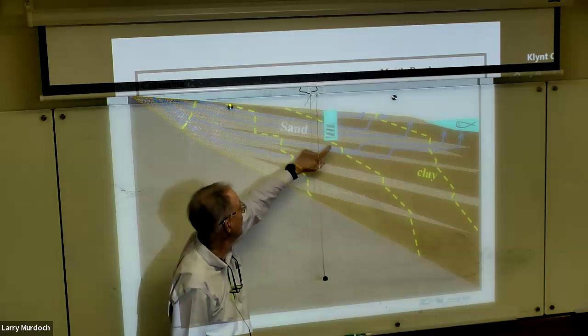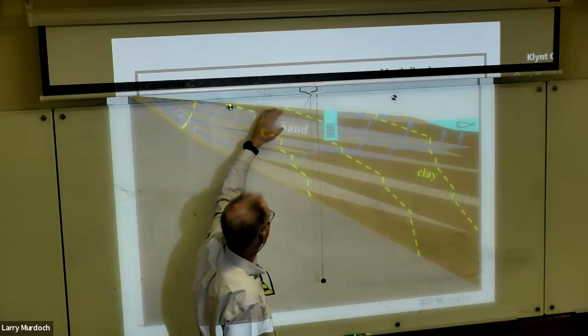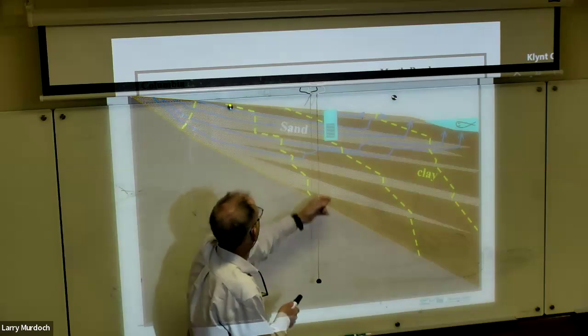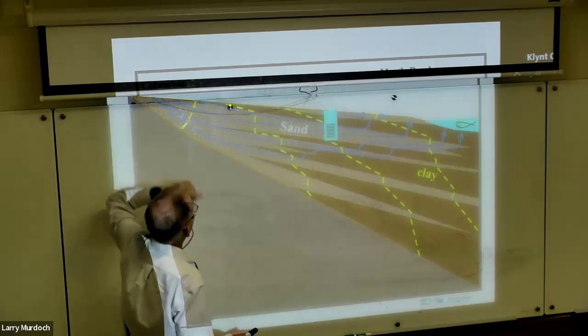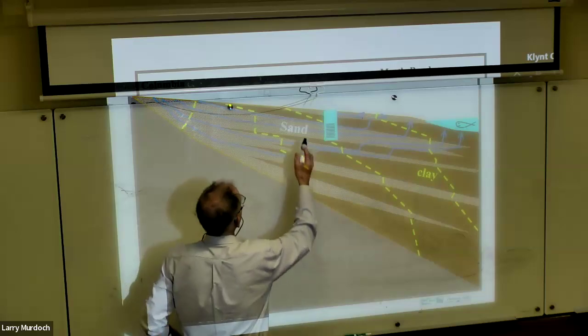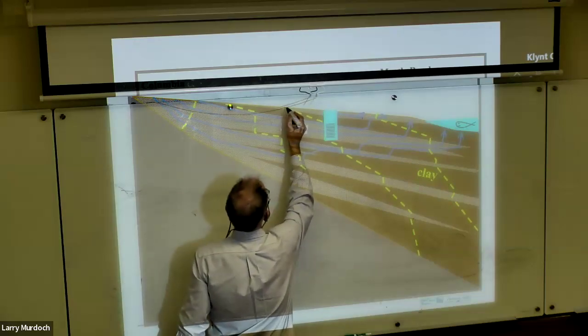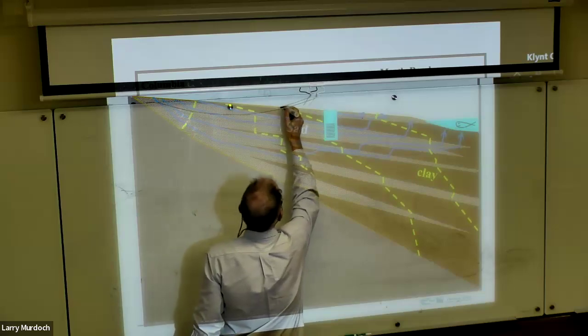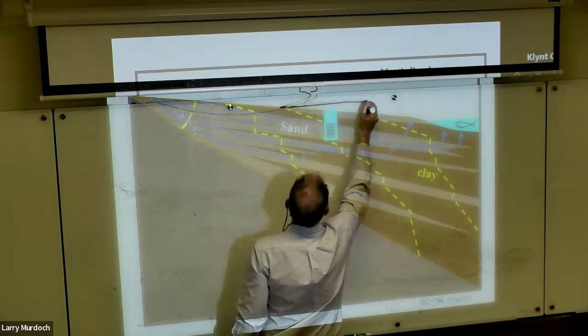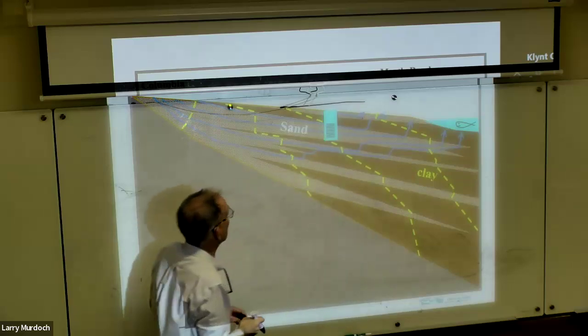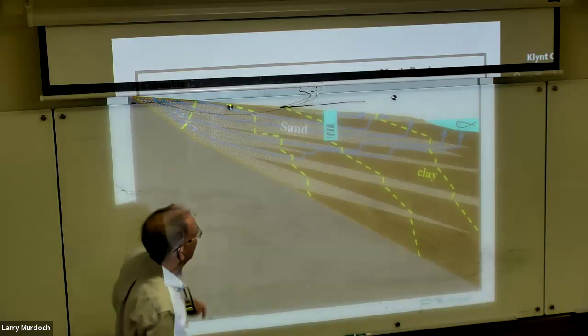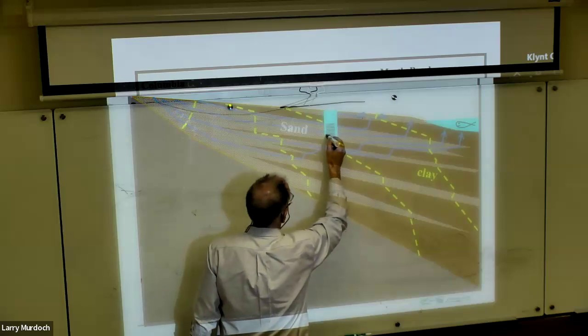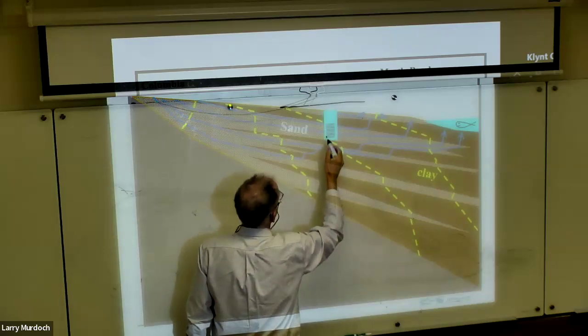Okay, so this hydraulic head would have an elevation head of this. Right? The pressure would be 0, so it has an elevation head of it. So that would be the elevation head of the water that's here at this screen.